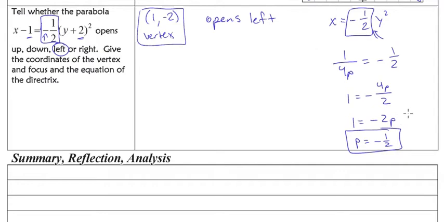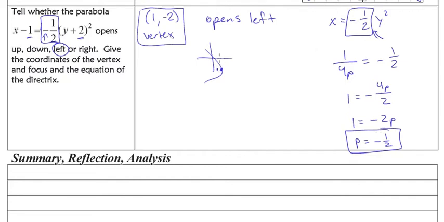All right, and how are we going to use that? Well, if we need to find our focus, we're going to go from the center, and it's opening to the left. Actually, let me re-sketch that again. It's opening to the left. (1, -2), there's our vertex, opening to the left. And the focus is going to be to the left 1/2 space.